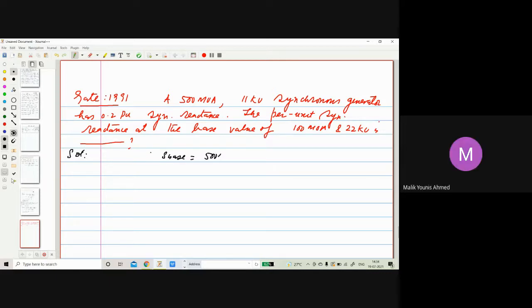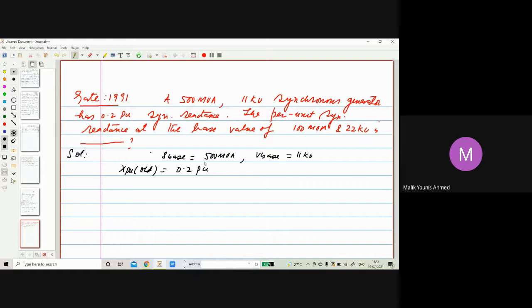What is the V base old? 11 kV. Very good. So what is the X per unit old? 0.2 per unit. Very good. Okay. So what is the new formula for it?